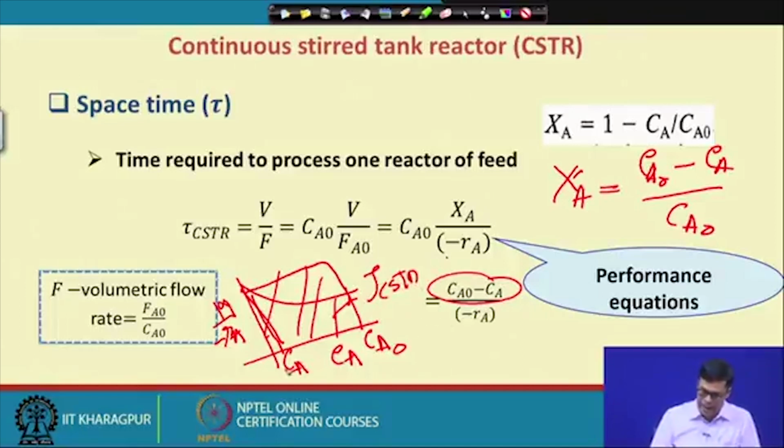At Ca the rate of reaction is this one, and at Ca0 it is this one. So this is the concentration difference, and the rate of reaction. You multiply it, and you will get the tau CSTR. This is how you can find out tau CSTR.